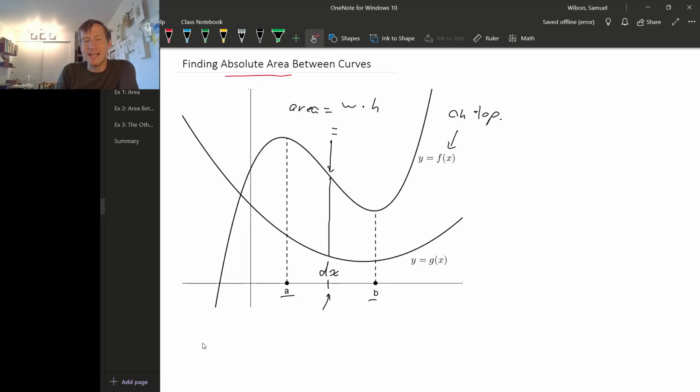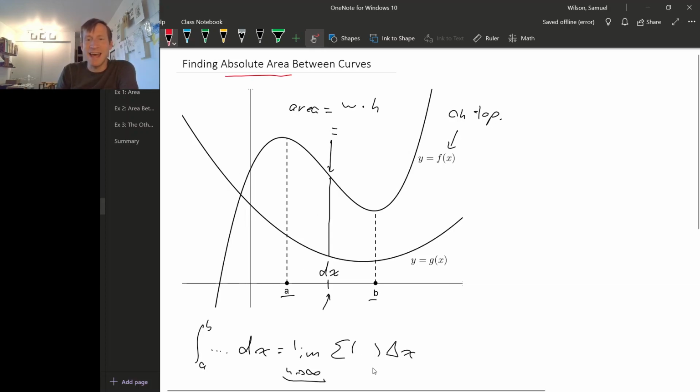In an integral like the integral from a to b of whatever dx, this comes from the limit as n goes to infinity of some Riemann sum, and there's a delta x there. When you take a limit as n goes to infinity, delta x turns into the infinitely small x interval dx.